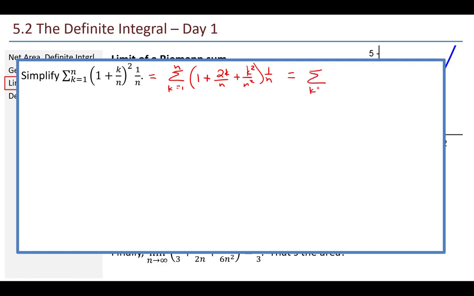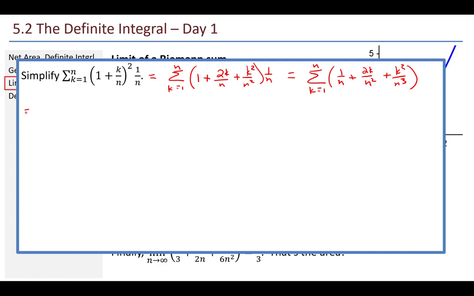And I end up with summation k equals 1 to n, 1 over n plus 2k over n squared plus k squared over n cubed. Now, summation just means I'm adding a bunch of stuff together. So I'm adding these three terms n times. So I can split this up. I can add the first term n times, and then add the second term n times, and then add the third term.